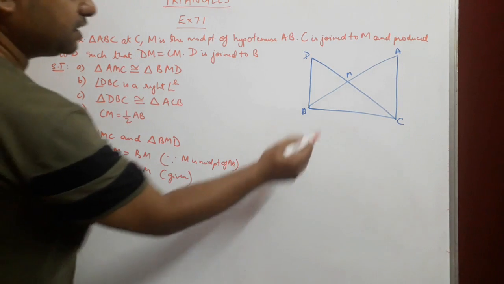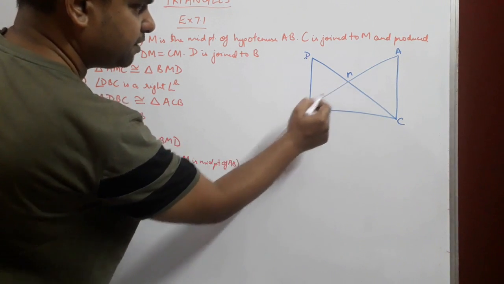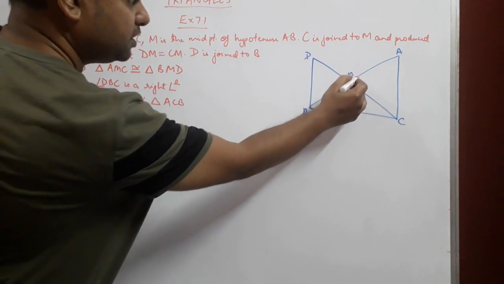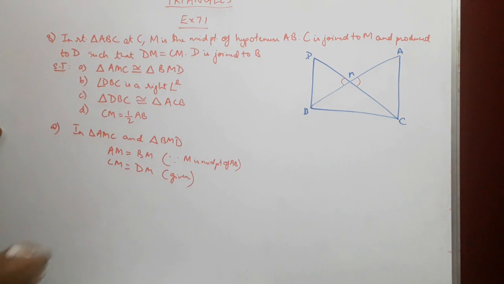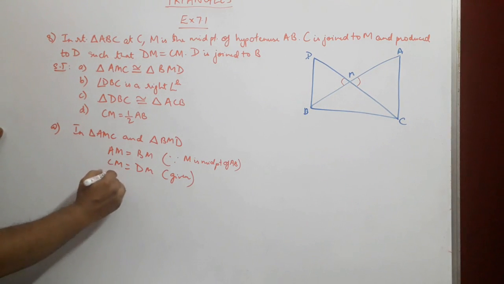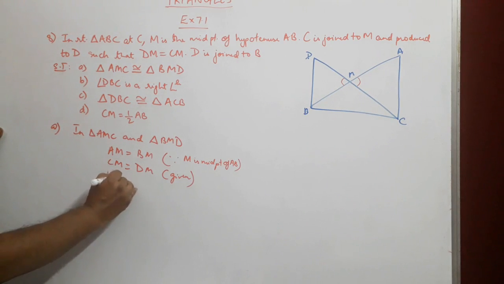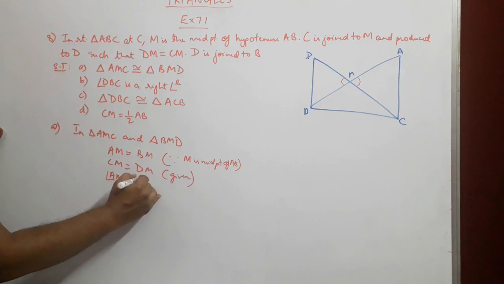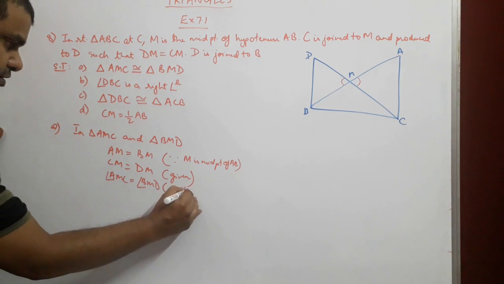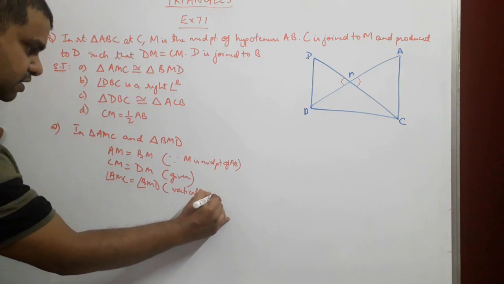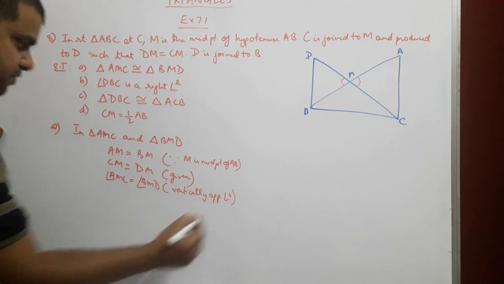Also, we can see that angle DMB over here is equal to this angle because they are vertically opposite angles. So we can easily say that angle AMC is equal to angle BMD, vertically opposite angles.